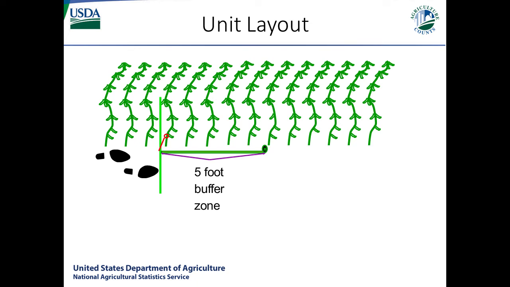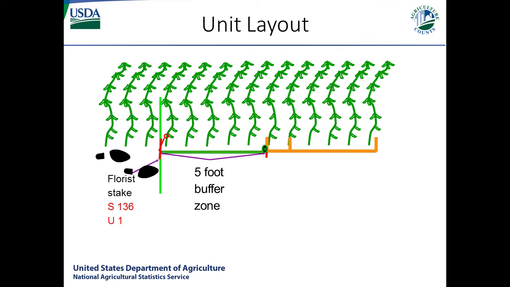The difference between laying out the count area portion for corn and soybeans is the use of the soybean frame. Please reference the illustration to see the proper use of the soybean frame. The count area of a soybean unit consists of two parts, the 6-inch count area and the 3-foot count area. A florist stake should be put at the beginning of the buffer zone.